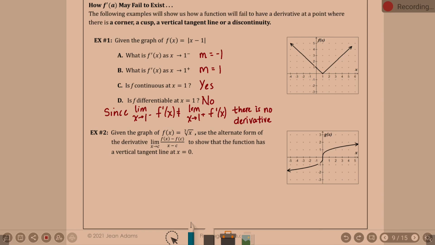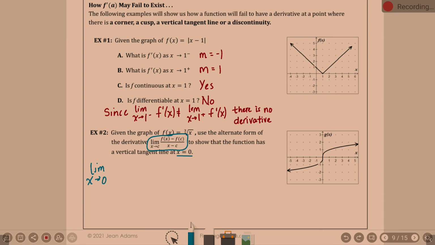So if you remember the alternate form of the derivative, we're looking at this: the limit as x approaches c of f of x minus f of c over x minus c. So let's see what happens here. The limit as x approaches, what is my c value here? 0.